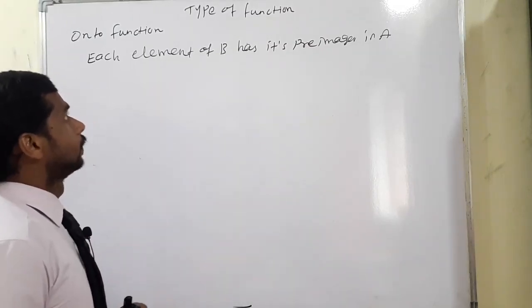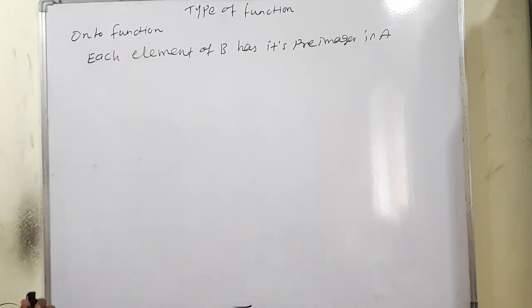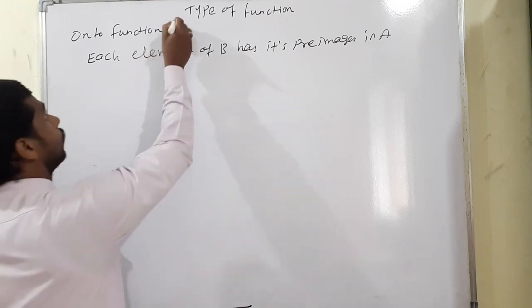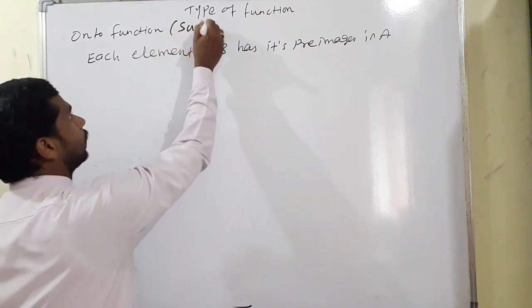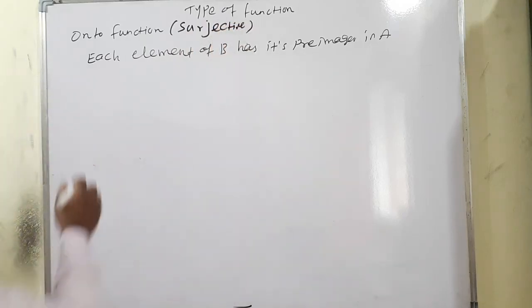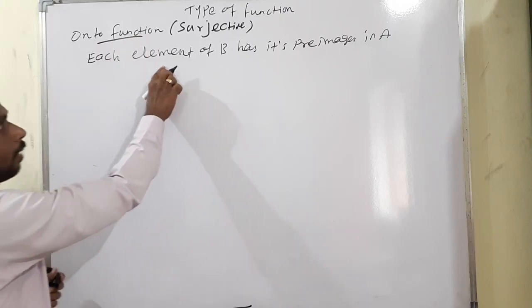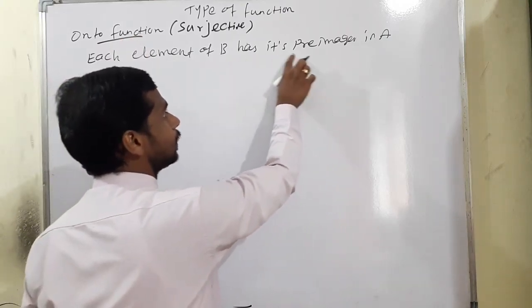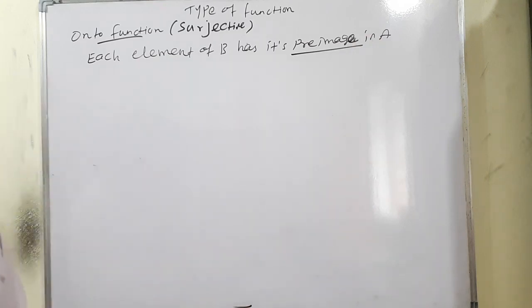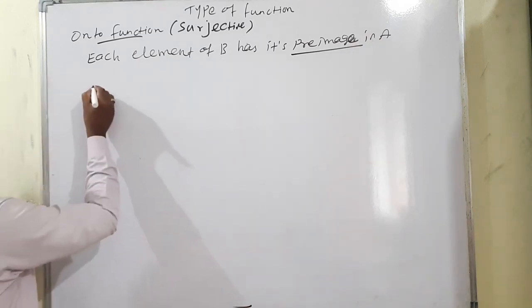the second type of function. Second type, what is the name? Onto function. The first one, 1 to 1 function, has another name, injective, but onto function has another name, surjective, okay. Surjective, what is the definition? Each element of B has its pre-image in A. So for example, let me make a diagram.